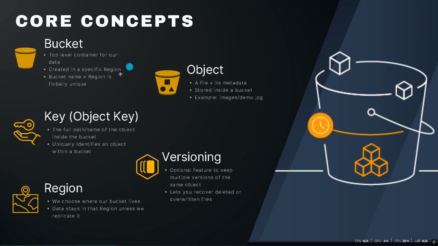So the key helps you identify that particular object, user1.csv. It has the full path, and it uniquely identifies that object within that bucket. So it's not global, only within that bucket.